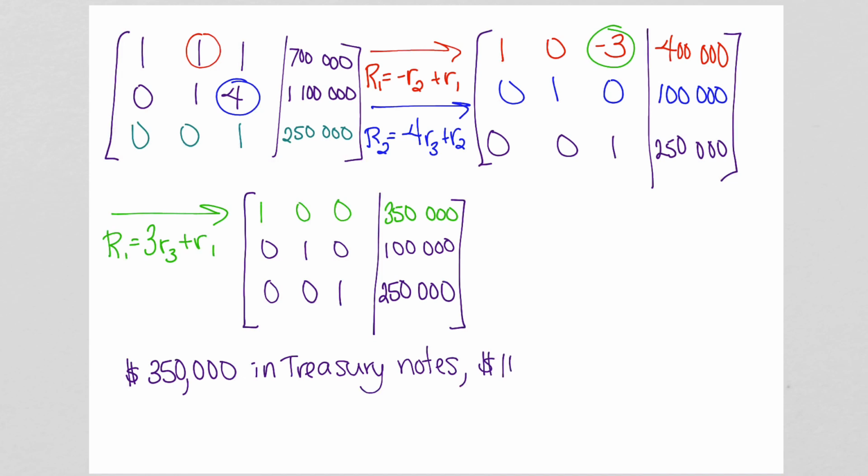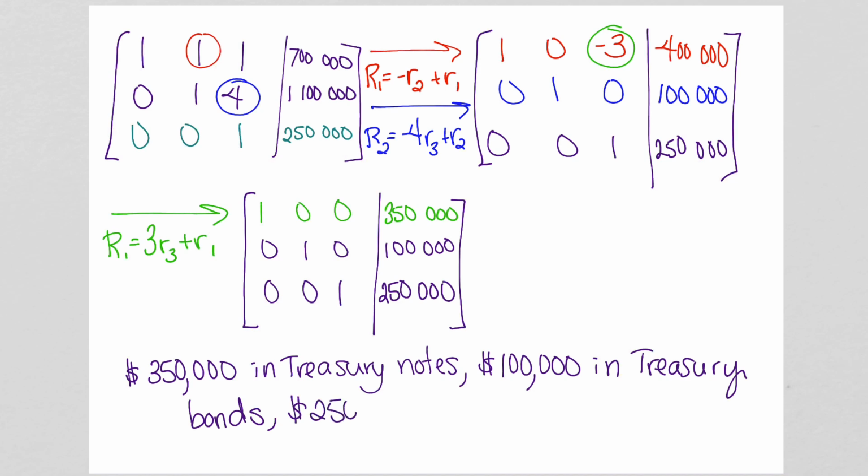There will be $100,000 invested in Treasury bonds. And $250,000 invested in corporate bonds.